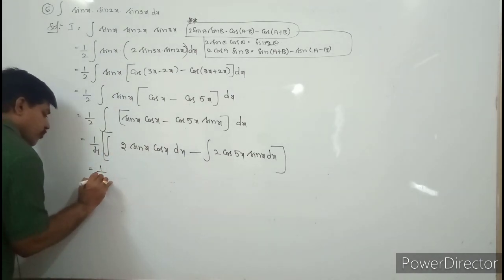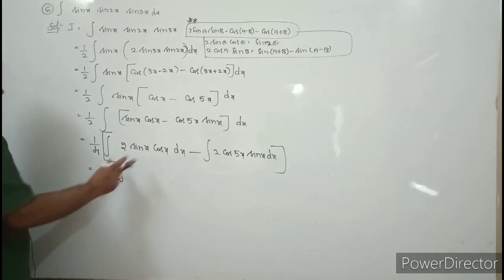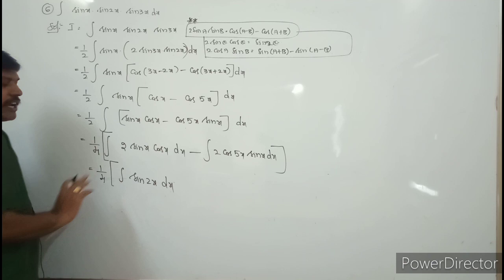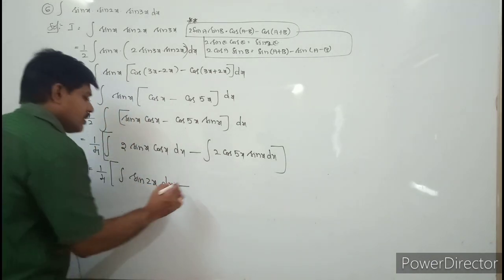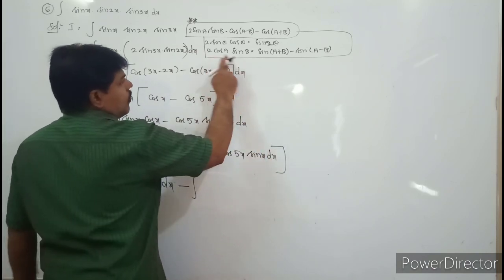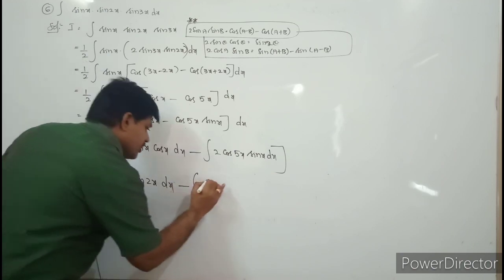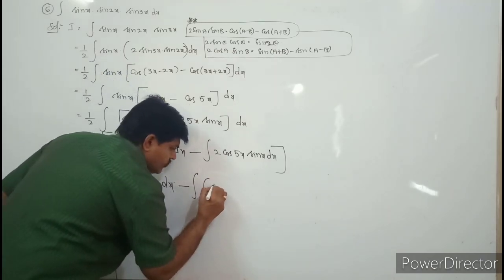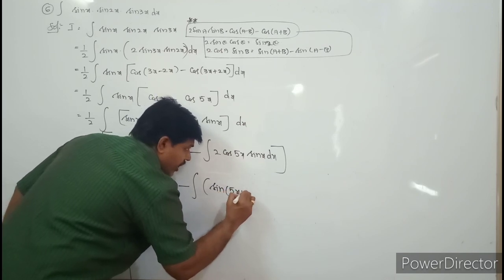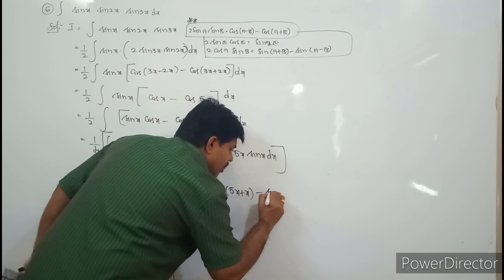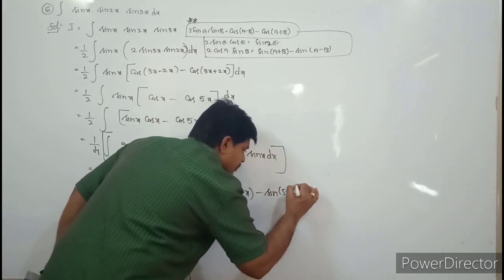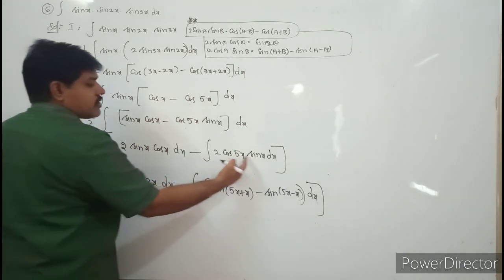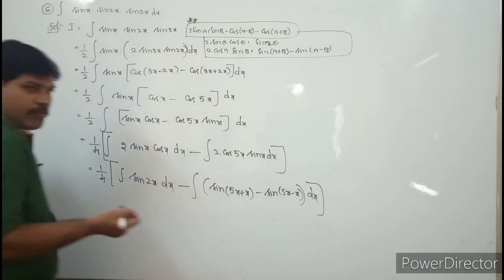So that is equal to 1 by 4 into integral of sin 2x dx, since 2 sin theta cos theta will become sin 2 theta, minus integral of 2 cos A sin B, which is sin of A plus B minus sin of A minus B, that is sin of 5x plus x minus sin of 5x minus x, dx.